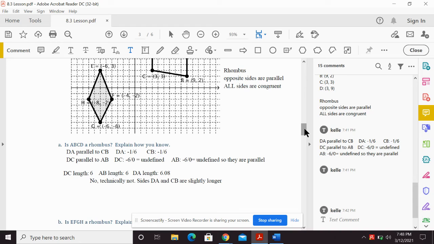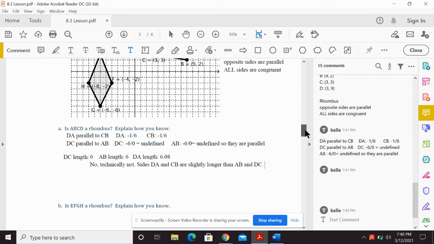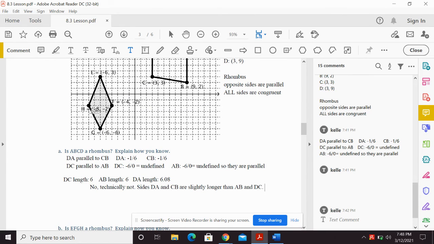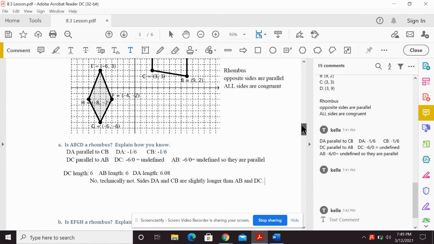If you want to be exact, actually you can't be exact, but it's about 0.08 longer than AB and BC. All right, so then you have EFGH, so you would go through the same process to prove is it a rhombus or not.